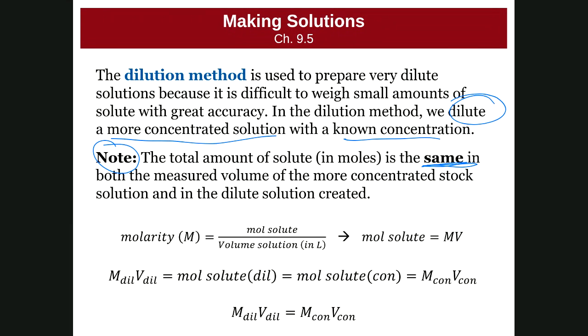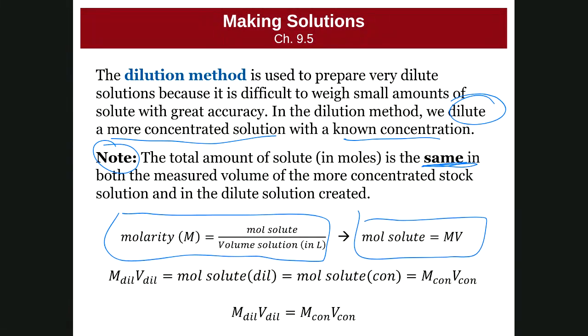So what we can do with that is we know that molarity is the moles of solute over the volume of solution. So that's the same as saying that the moles of solute, if we multiply by volume on both sides, is equal to molarity times volume.